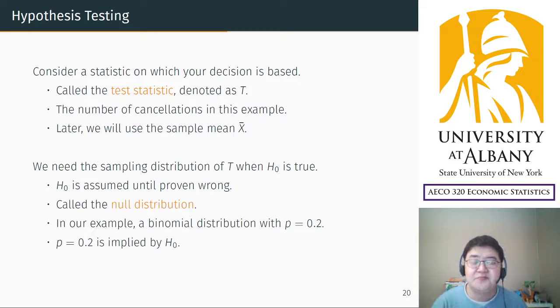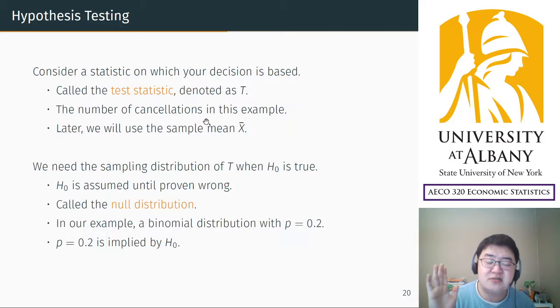That's a typical procedure. In our example, the test statistic is the number of cancellations. So banning one customer is a rejection of H0. So if the number of cancellations is too large, then the customer is suspicious and you ban that guy.